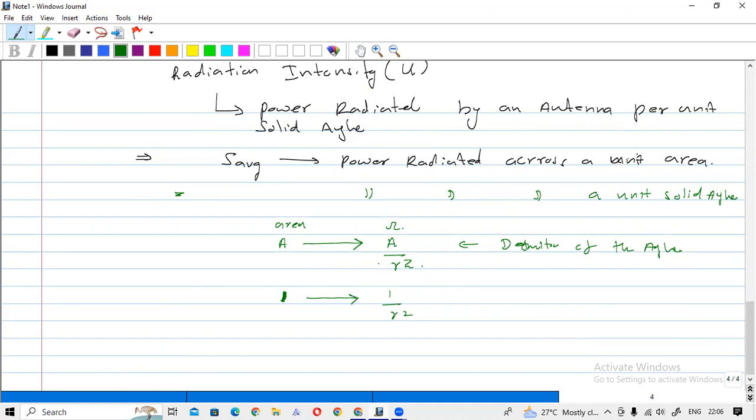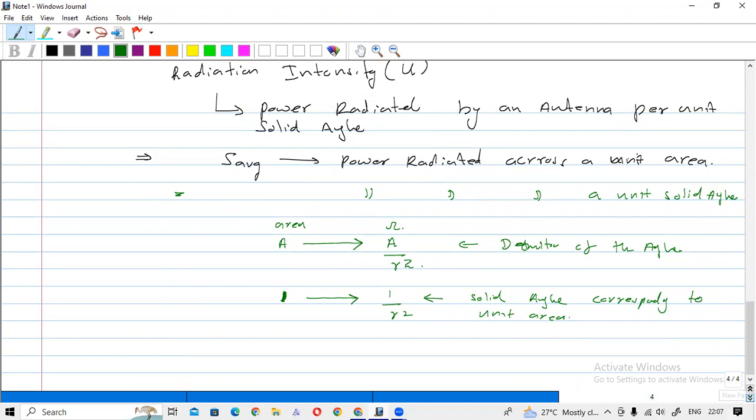This side also should be divided by A, then A cancels out and you will get 1 divided by r square. So this is the solid angle corresponding to unit area.